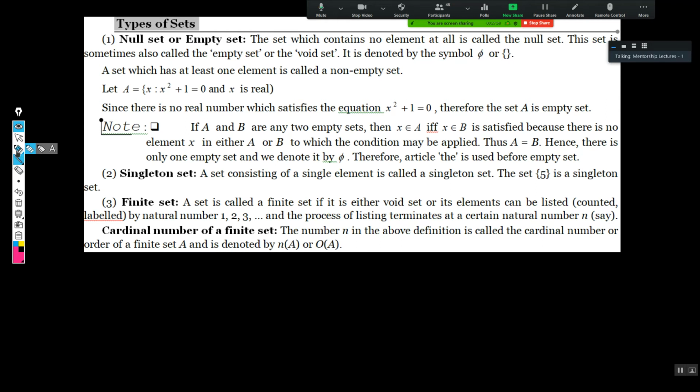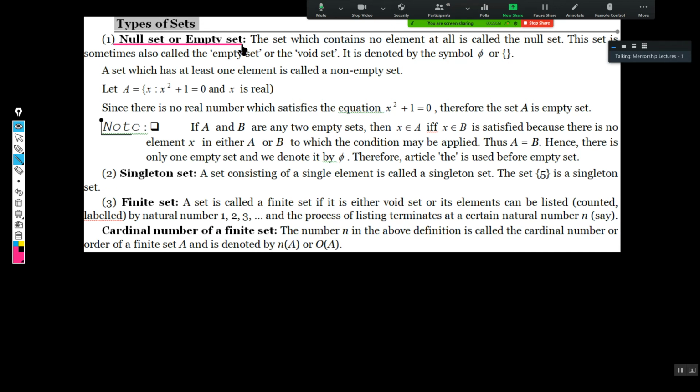It's my mother tongue, that's why I'm asking. I don't think so. So that becomes a null set.